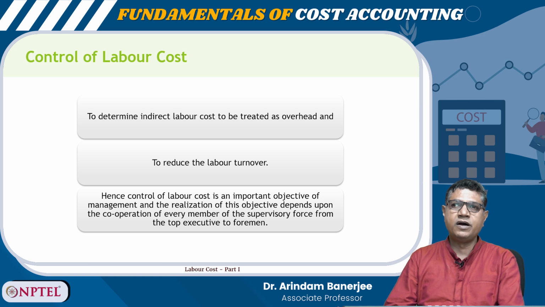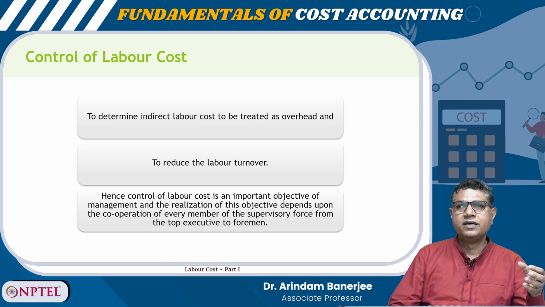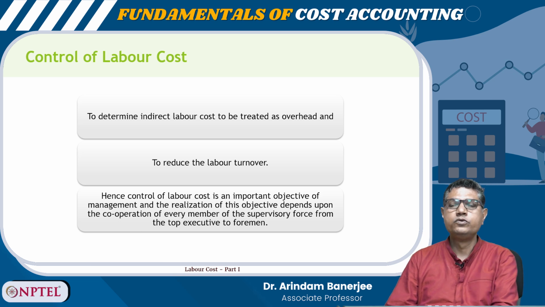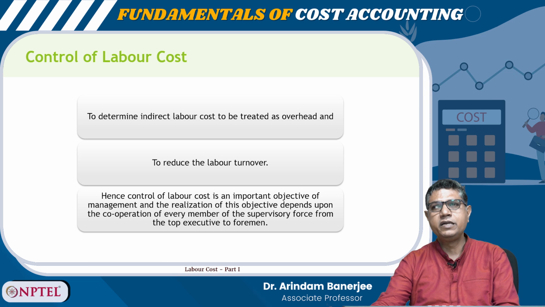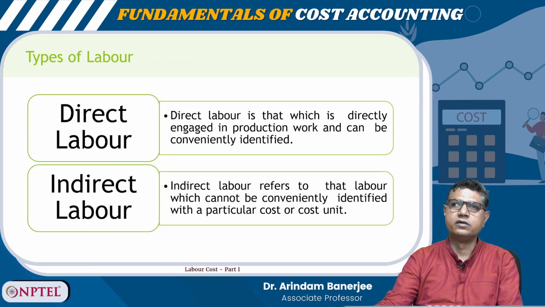So, here how it is unique is that unlike other cost elements, here the company deals with human beings. Human beings have emotions, they have psychological traits. So, to get the best out of them, the management needs to deal with them. Only spending money is not enough, but dealing with their emotions is also important.